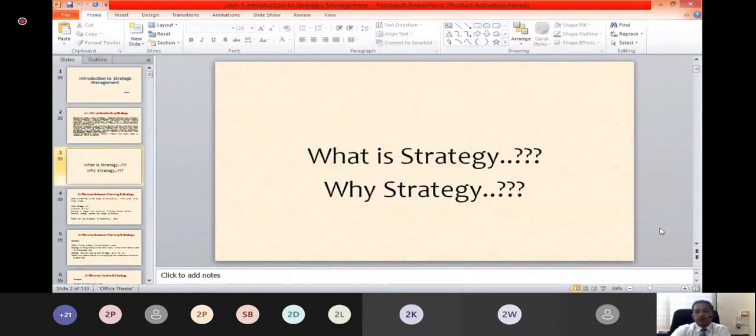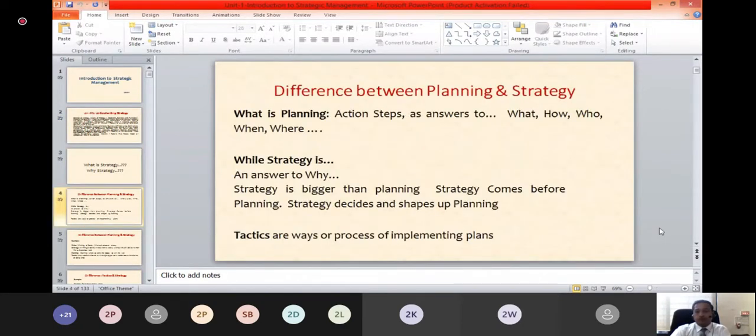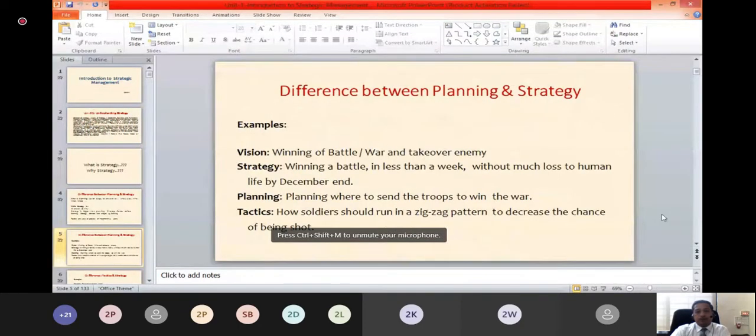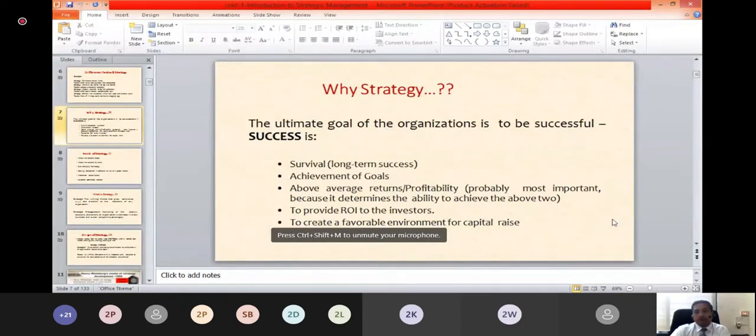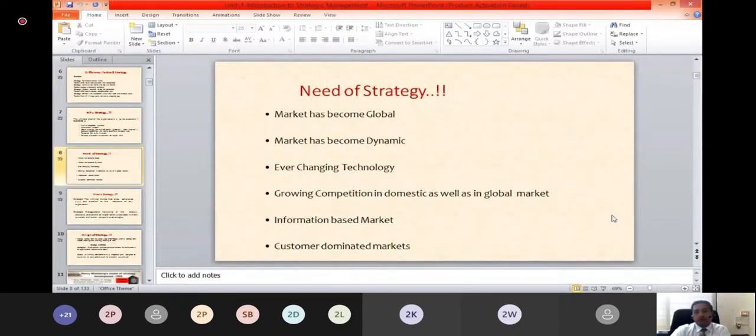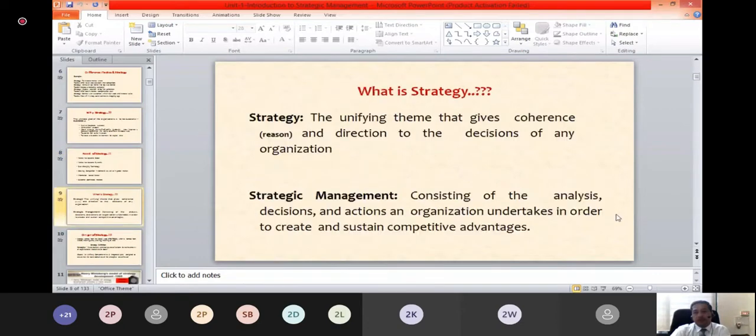So in unit number 1, in the beginning we discussed what is planning and what is strategy. We tried to understand basic terms like vision, strategy, planning, tactics. The examples also we have discussed. Also, why strategy is required, that we discussed.